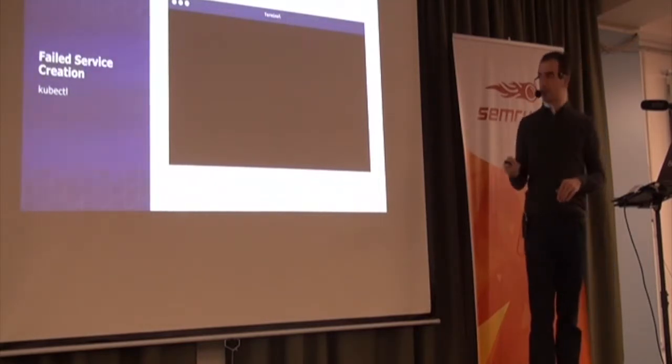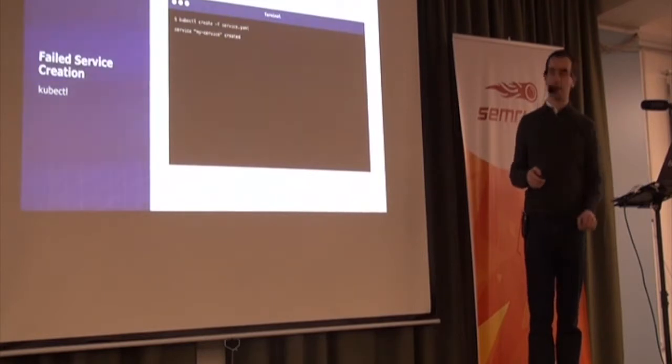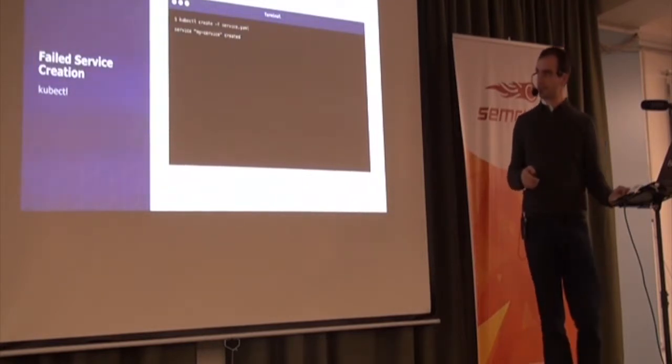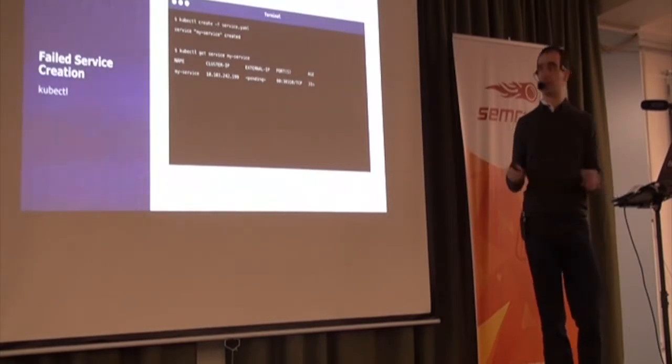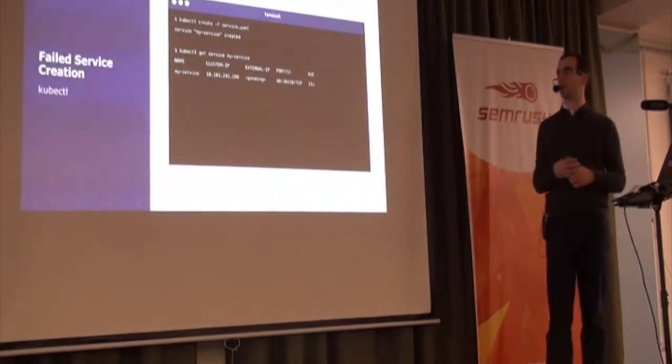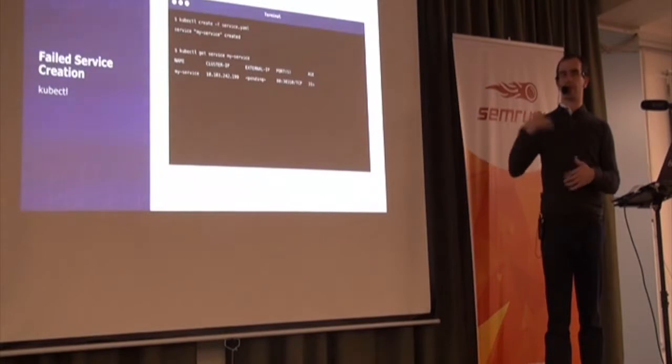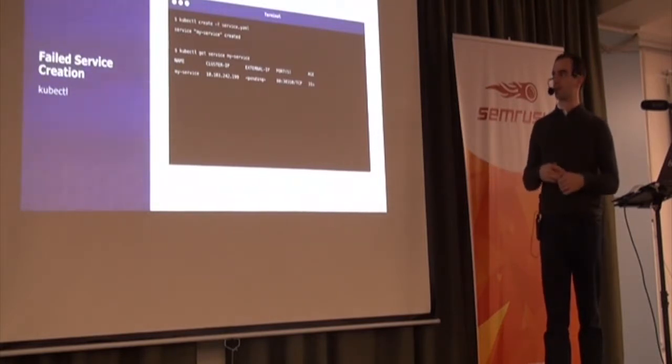So this is how you create a service in kubectl. Again, you pass the YAML config, then you ask for the status of the service, because the service needs to create a load balancer, and it needs to wait for the external API to come back from the API.